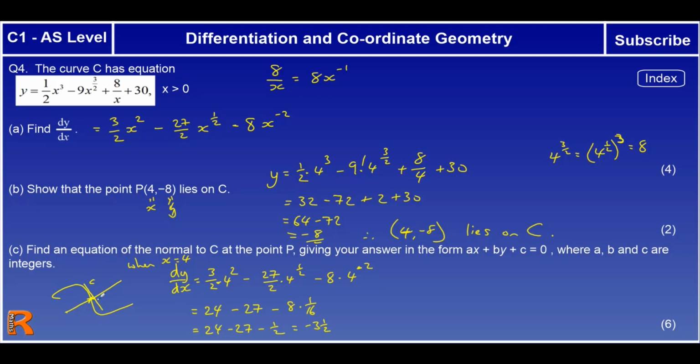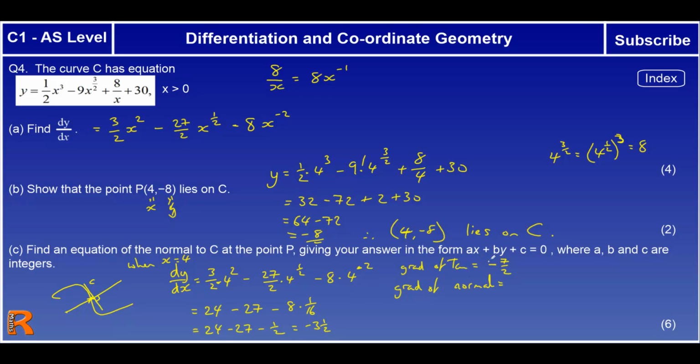We want the normal, so the gradient of the tangent is minus 7 over 2, and we're going to change that to a fraction because it's easy to manipulate. So the gradient of the normal is going to be the negative reciprocal of this. We change the sign because the tangent's going this way.